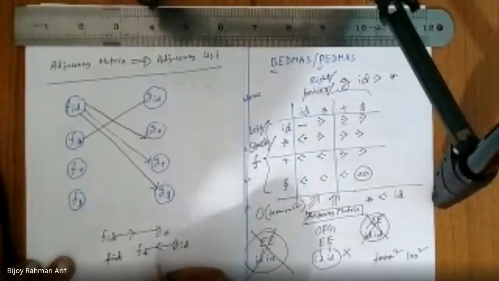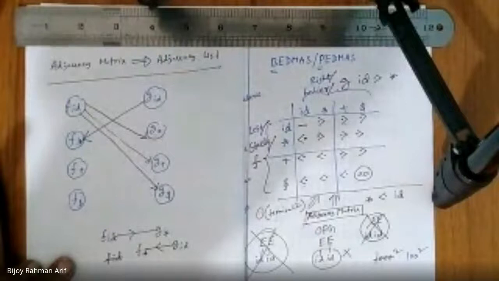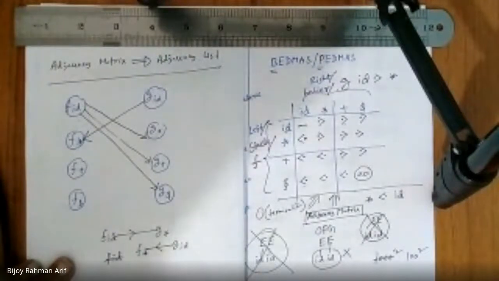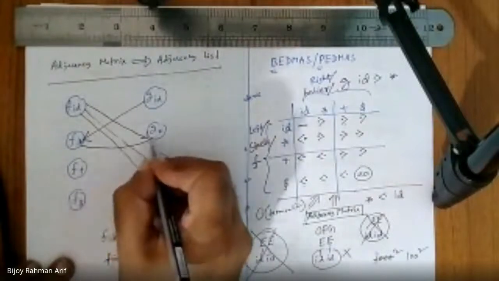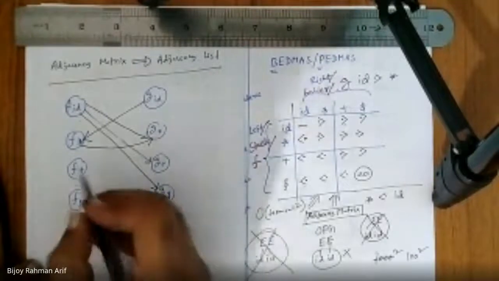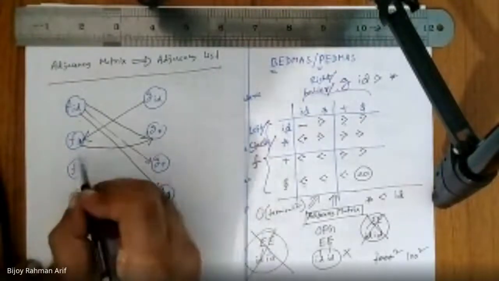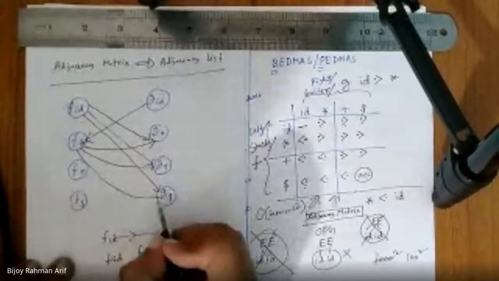So we are going to write this kind of thing. Now F star and G star, which one is bigger? This one is bigger. Okay. Now F star, G plus, G dollar.